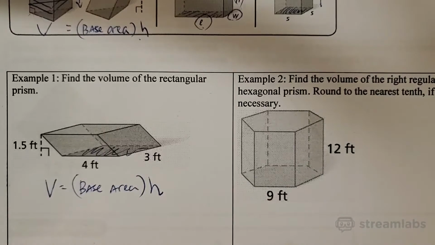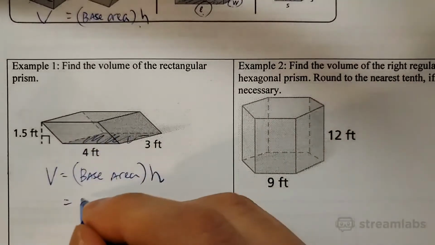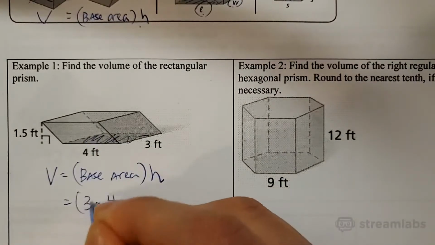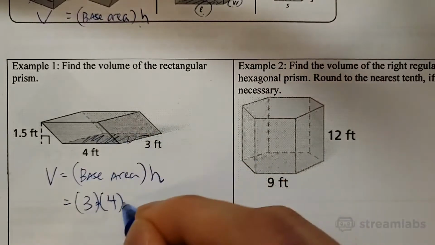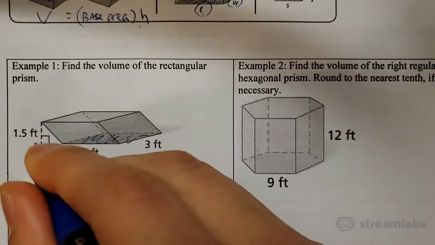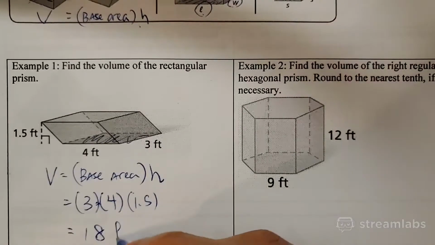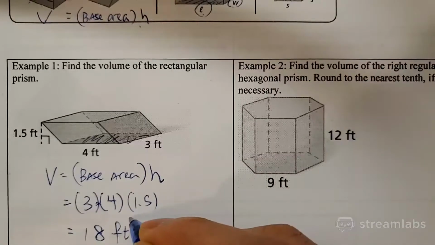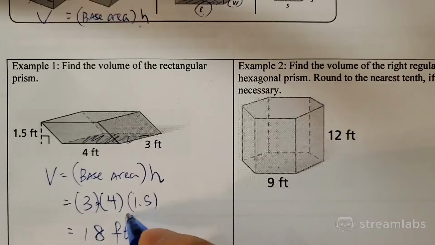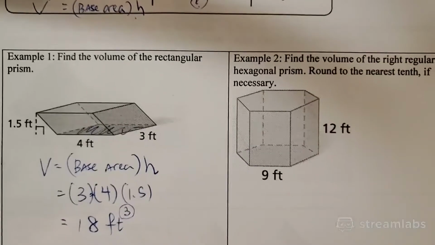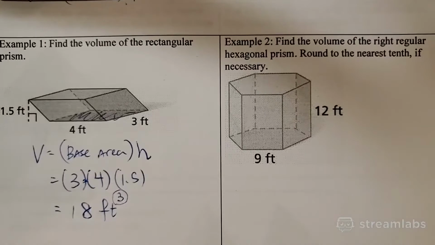Okay? So the base area is obviously 3 times 4, right? 3 times 4. The height is 1.5 feet. So together it is 18 feet cubed. Okay? Make sure you get this cube in because it's 3-dimensional. We are doing a 3-dimensional calculation. Okay?